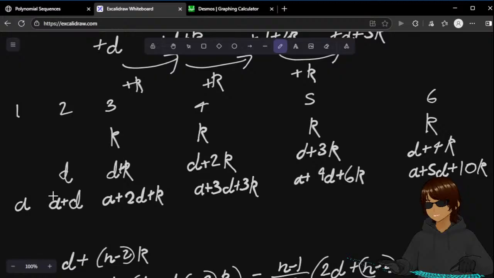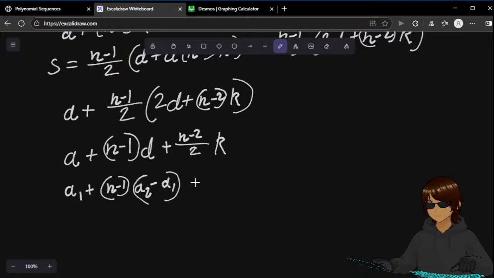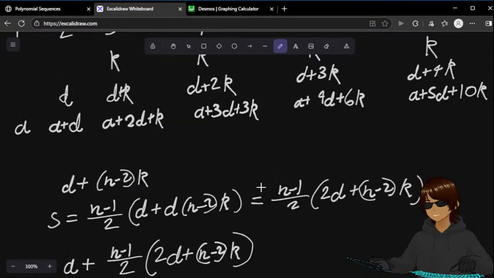D is A2 minus A1. So we can write A1 plus... We can replace K with the terms.